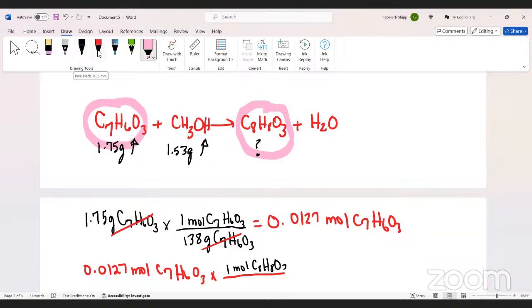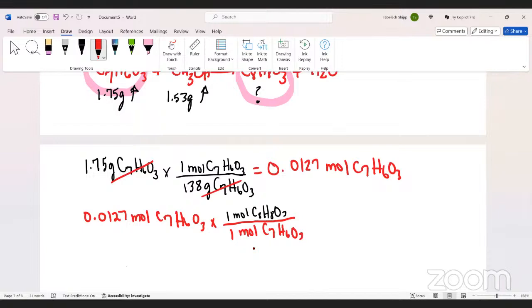So on the very bottom, I'm going to put 1 mole of C7H6O3. Now, 0.0127 times 1 divided by 1 still gives you 0.0127 moles of C8H8O3.